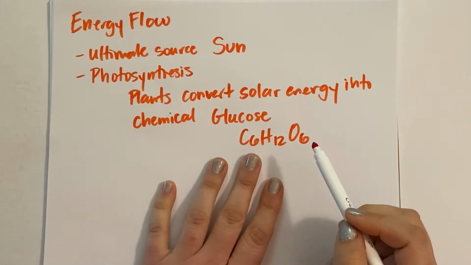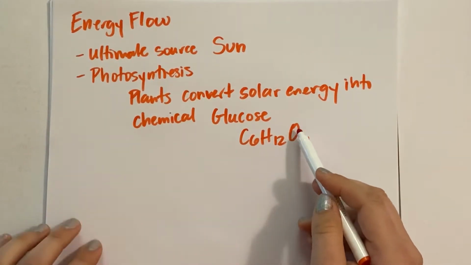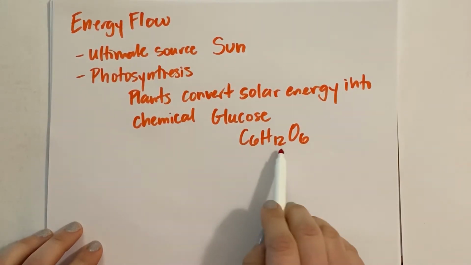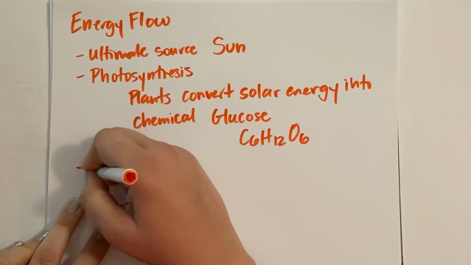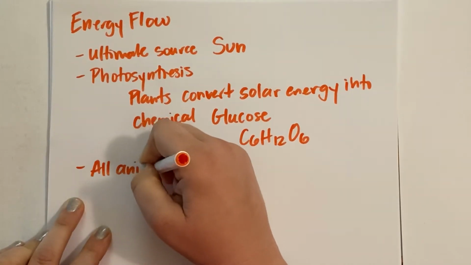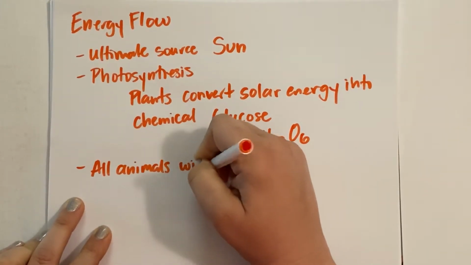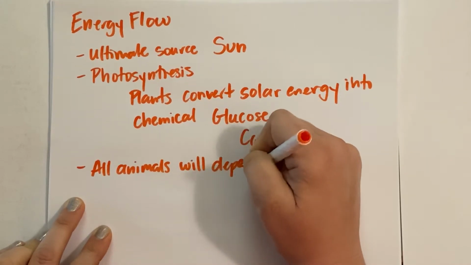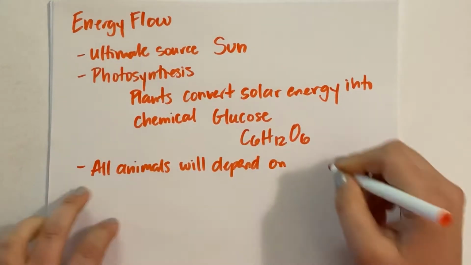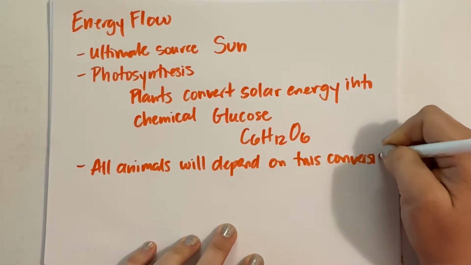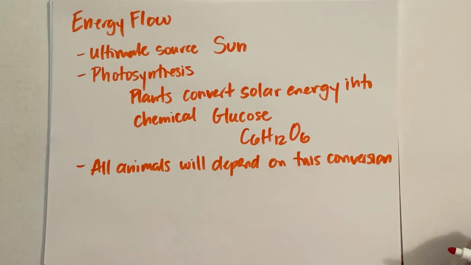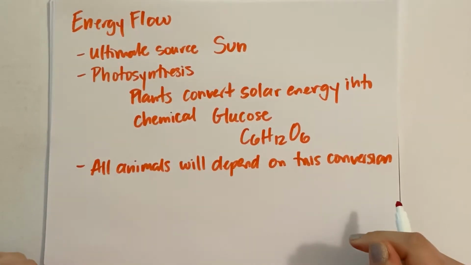Animals and plants themselves are going to depend on glucose for energy storage. So all animals will depend on this conversion. Without photosynthesis, basically life would not take place.